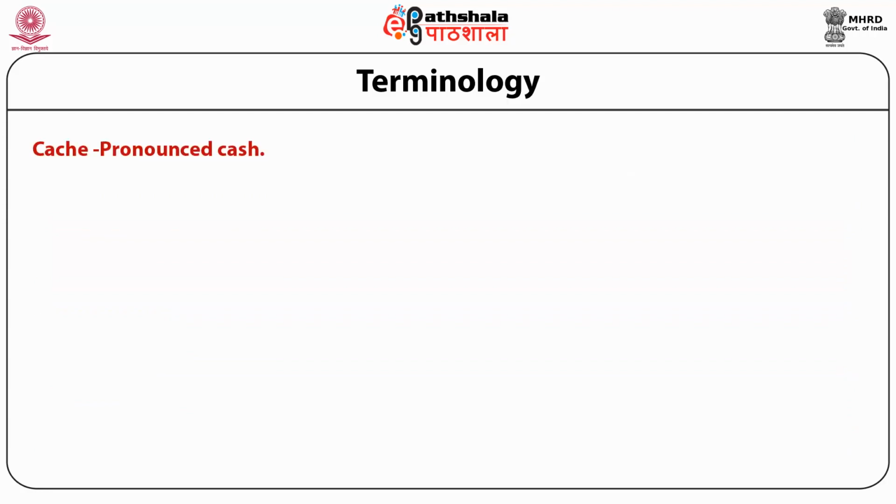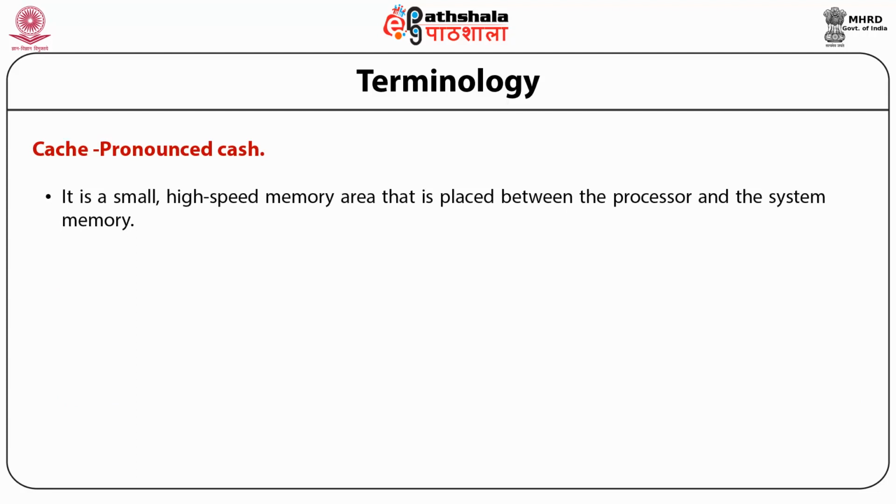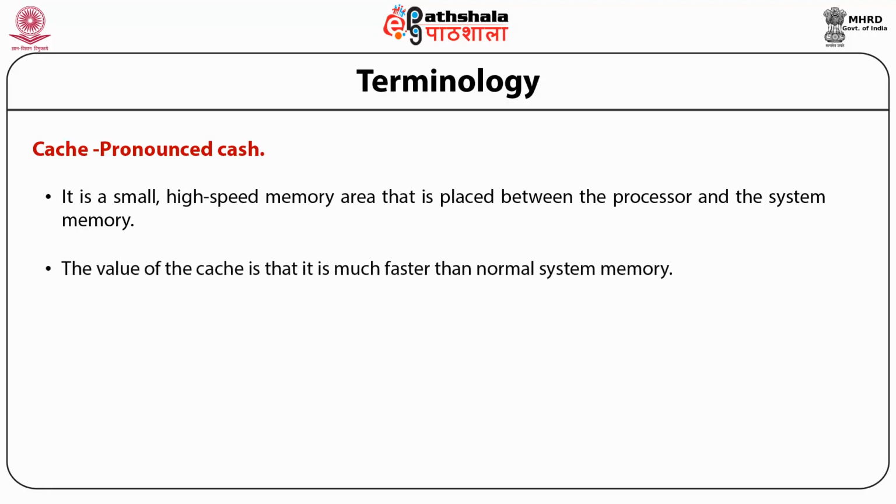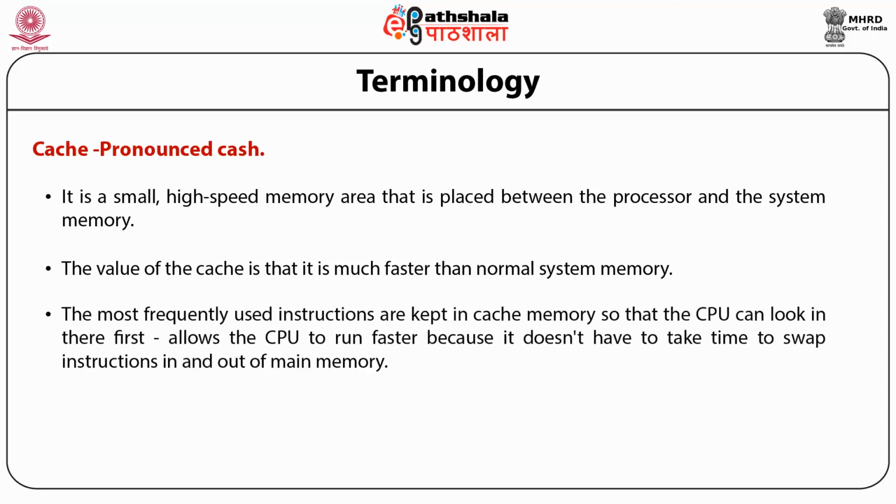Cache, pronounced as cash. Cache memory is a small, high-speed memory area that is placed between the processor and the system memory. The value of cache is that it is much faster than the normal system memory. The most frequently used instructions are kept in the cache memory so that the CPU can look in there first, which allows the CPU to run faster because it doesn't have to take time to swap instructions in and out of the main memory.